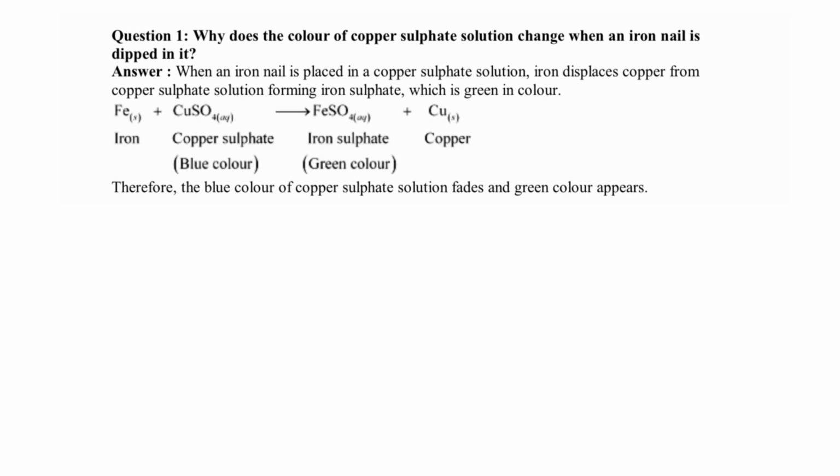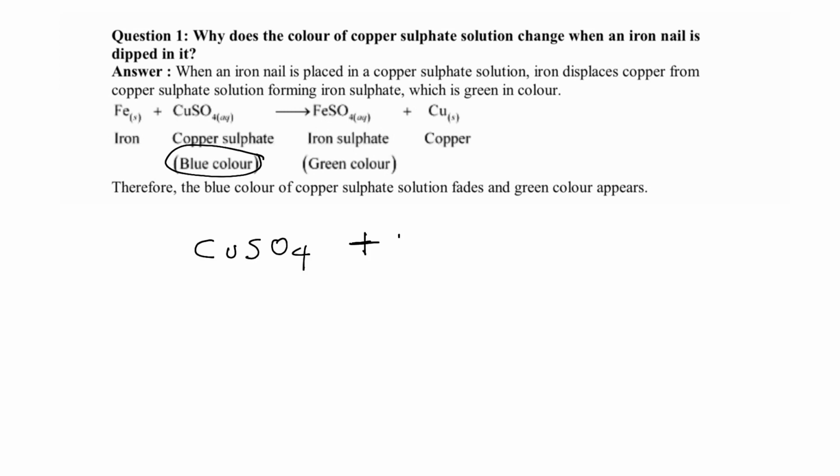Okay, next question. Why does the color of copper sulphate solution change when an iron nail is dipped in it? See, copper sulphate is CuSO4. Remember, copper sulphate solution color is blue. Very important point. Keep that point in mind.